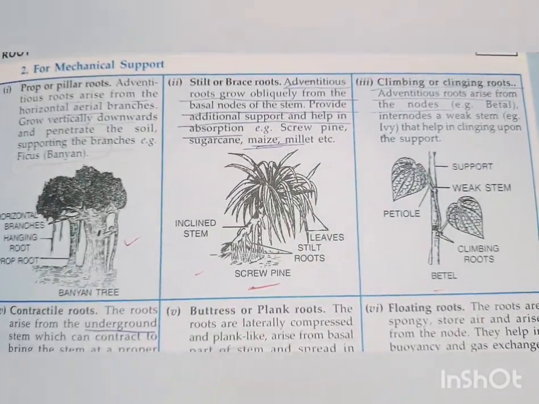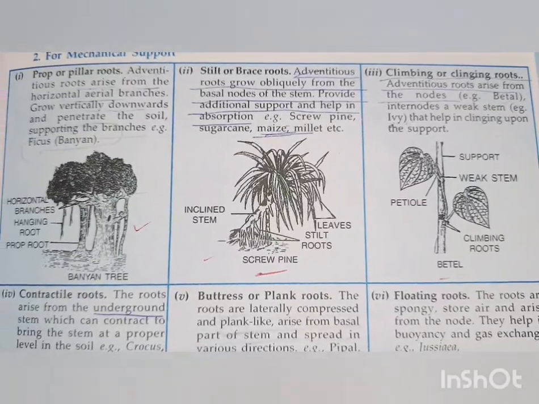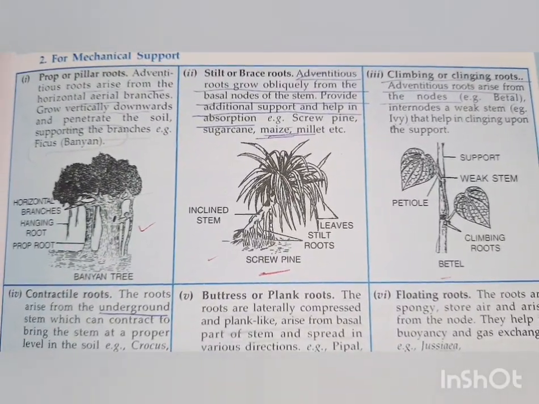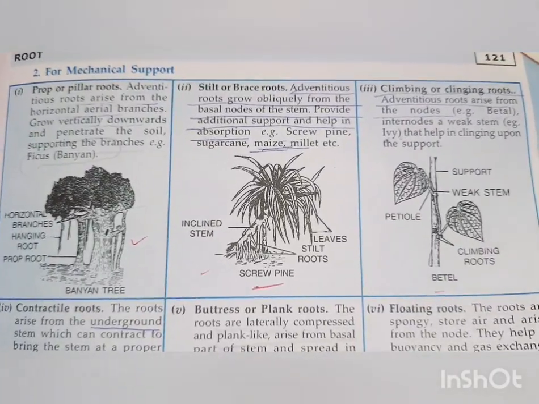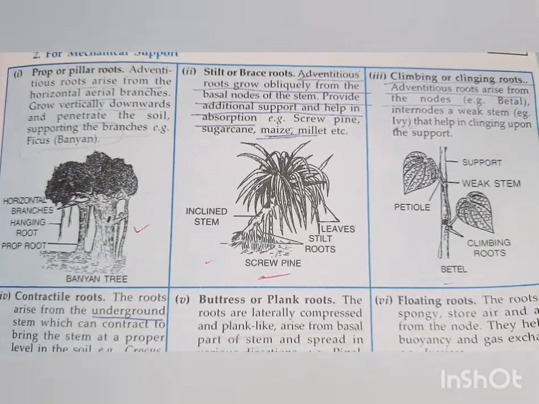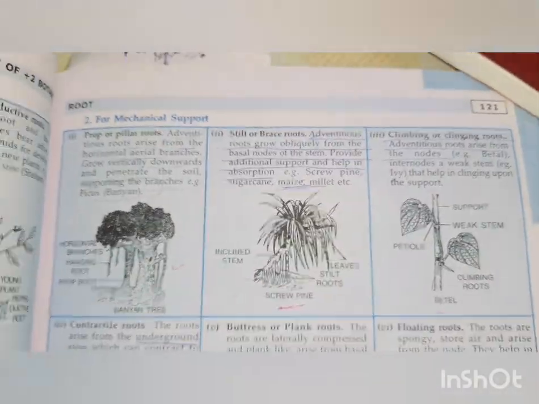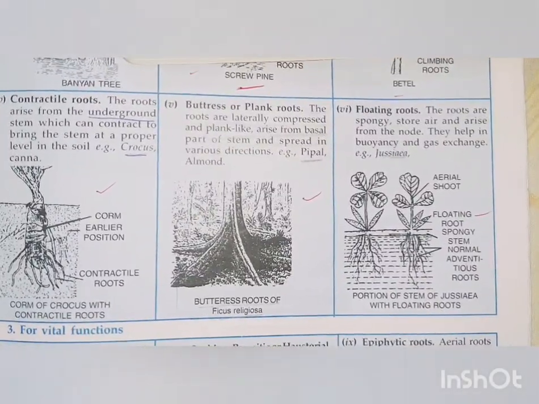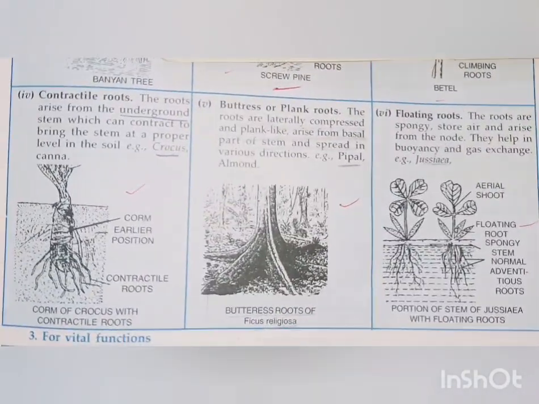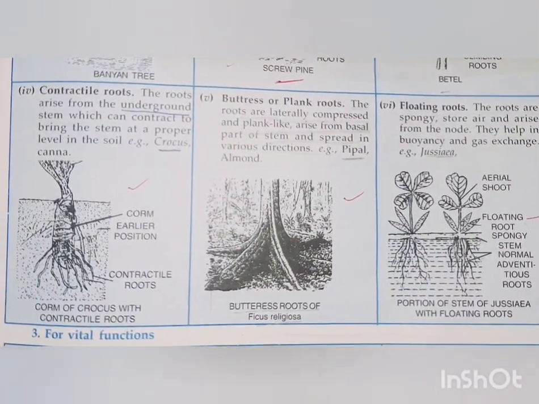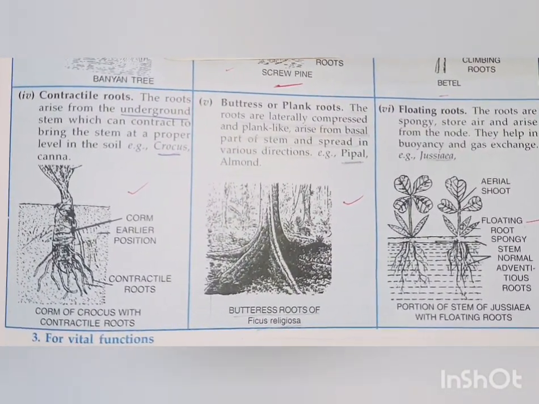Then climbing root, these adventitious roots arise from the node and internode of a weak stem and help in clinging or climbing upon the support, present in betel. Then contractile root, the root arises from the underground stem, which can contract to bring the stem to a proper level of soil.